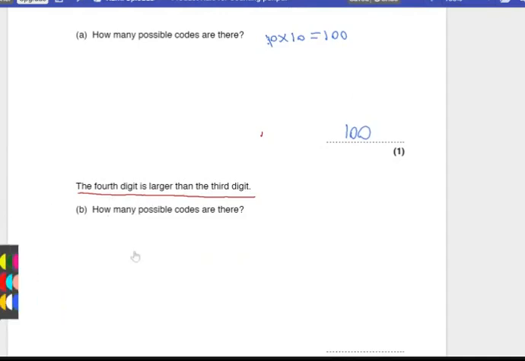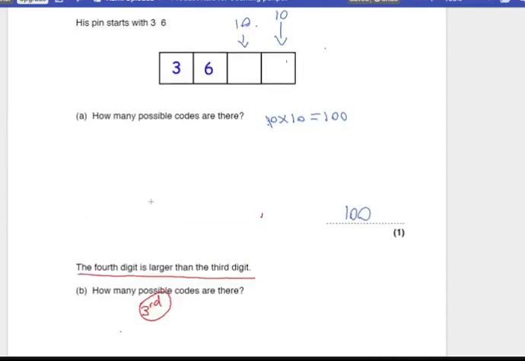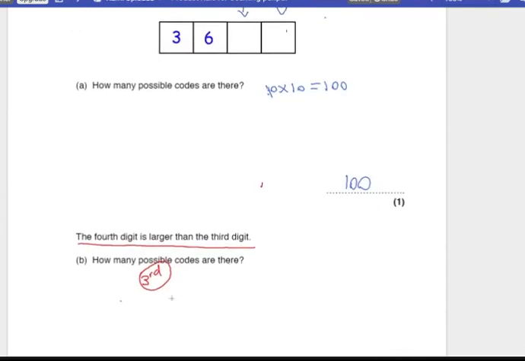Wait, can you repeat it? So you've got the first position, second position, third position, fourth position. So we've got the third position, as in the third digit. So if, let's just say 0, how many different numbers can go in the next one? 9.